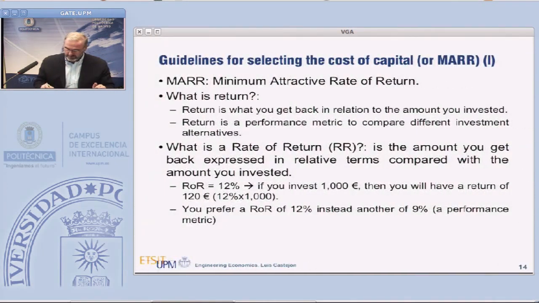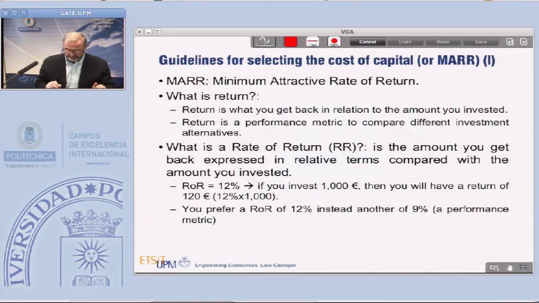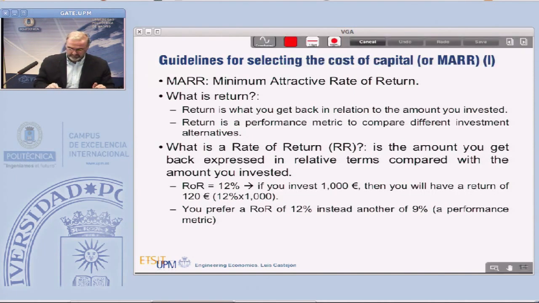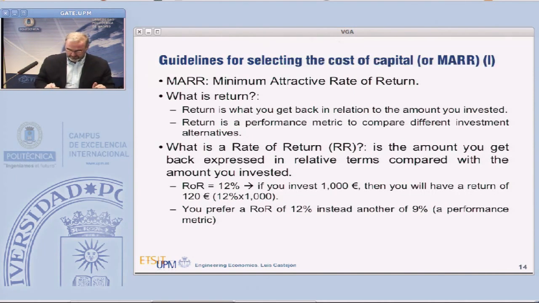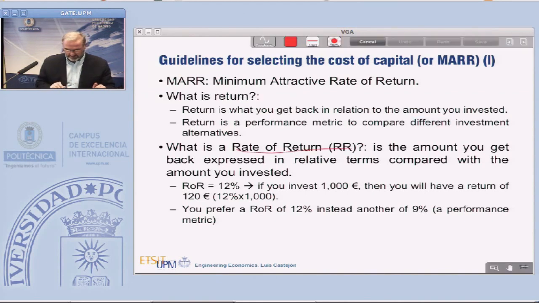The rate of return is the amount you get expressed in relative terms compared with the amount invested. So for a rate of return of 12%, if you invest 1,000 euros, you will have a return of 120 euros.